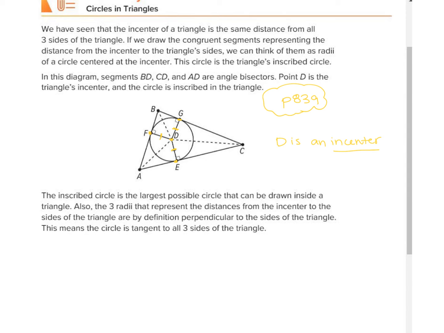Let's make a chart to keep all of these important definitions and vocabulary straight. So on the page right next to this, on page 839, let's make a large table. This table is going to be 3 columns wide.